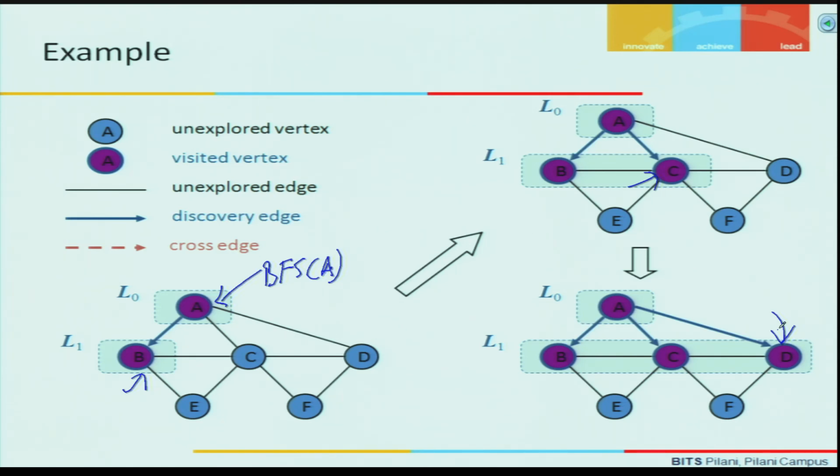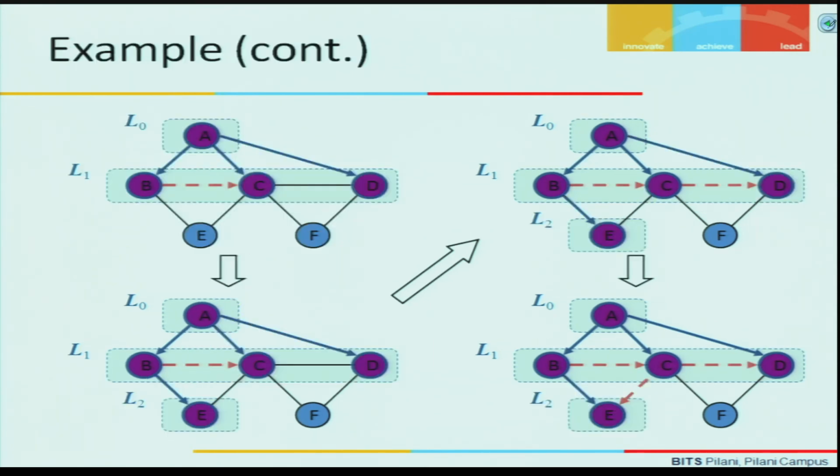So, L1 will have B, C and D. So, starting with the source vertex, we have visited all vertices which are at a distance 1 or which are adjacent to the vertex A.